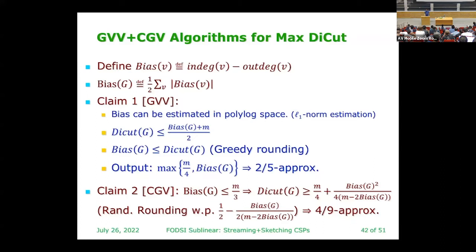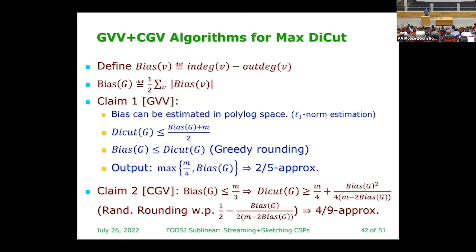Now, you can prove, and these things are not hard to prove, a good background in graph theory would make it fairly easy for you to prove this: the DiCut in a graph is upper bounded by (m plus bias) over 2. So if a graph has a lot of bias, what does it mean?